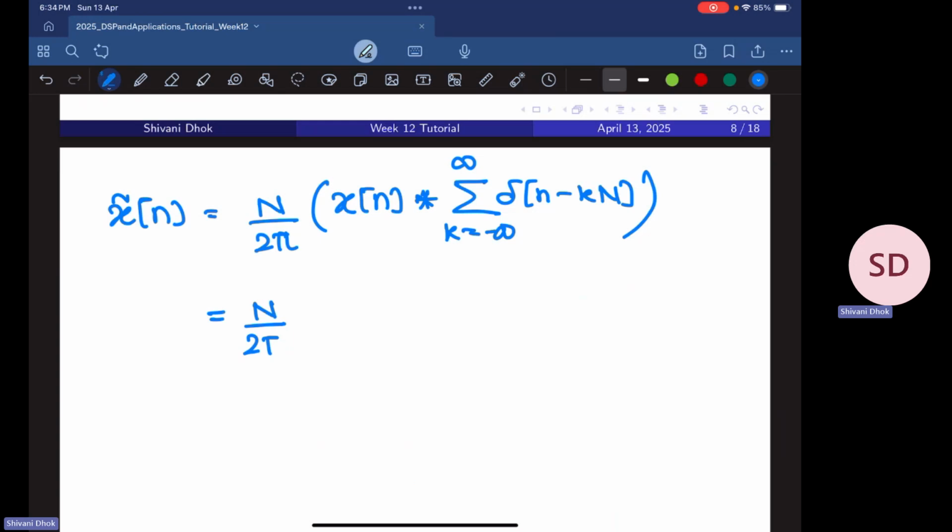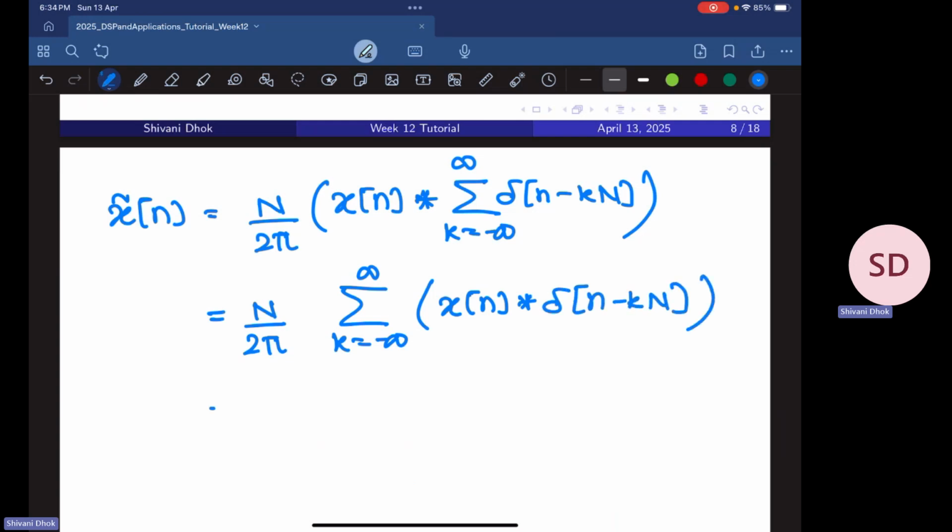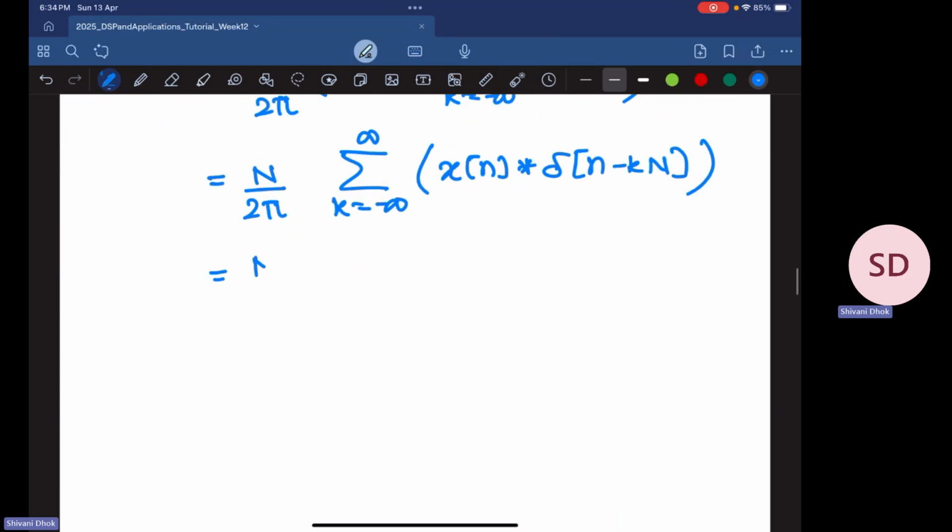We'll get 1 over 2 pi summation over k from minus infinity to infinity of x of n convolved with delta of n minus kN. So this comes out to be equal to N over 2 pi summation k running from minus infinity to infinity x of n minus kN.